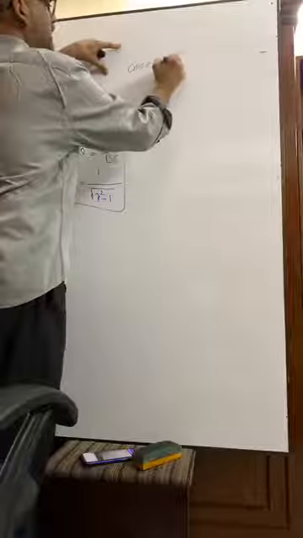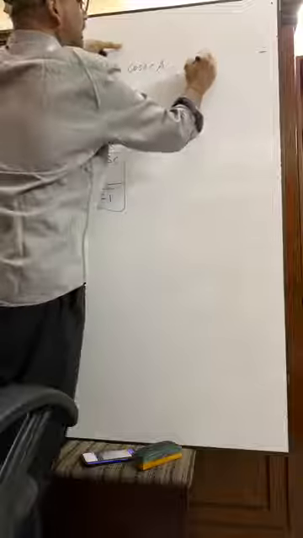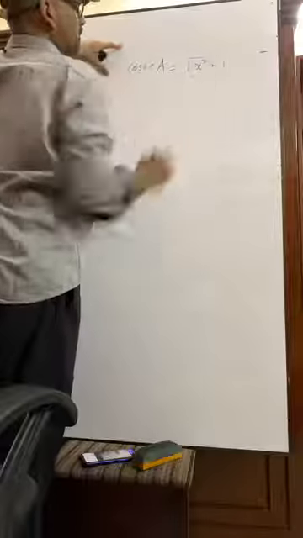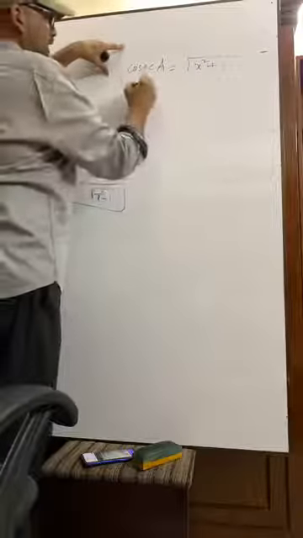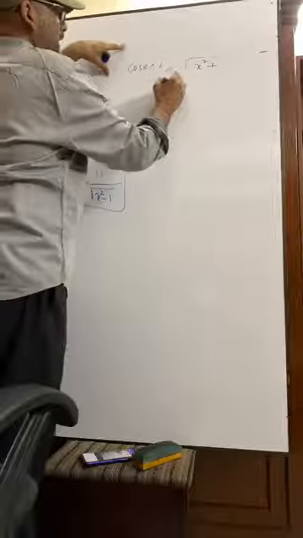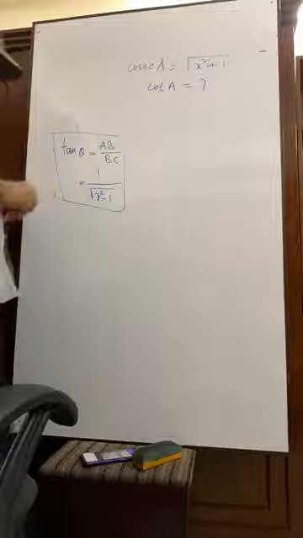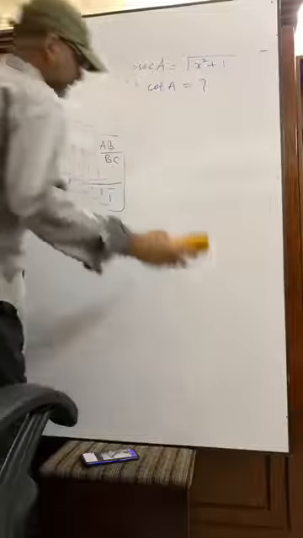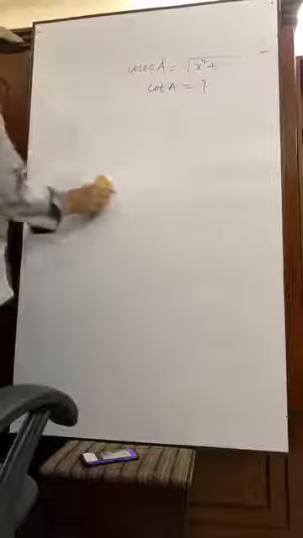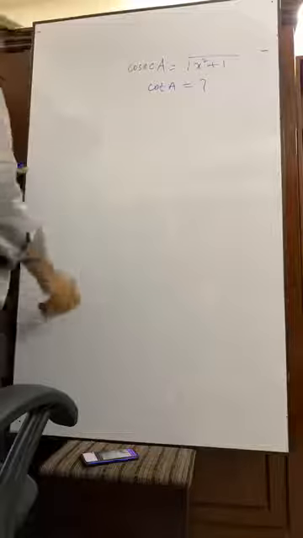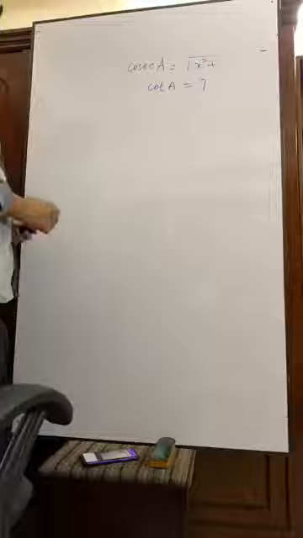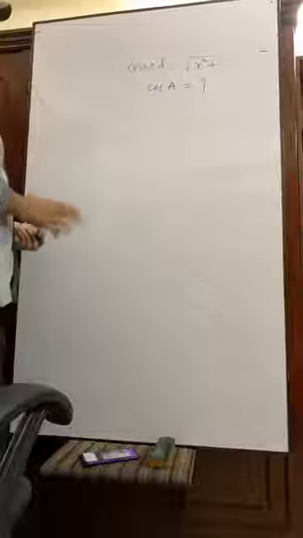Cosec A is equal to root over x square plus 1. The question is, cot A is equal to what? Okay, can you do it? Cosec A equals to root over x square plus 1 and cot A equals to what?